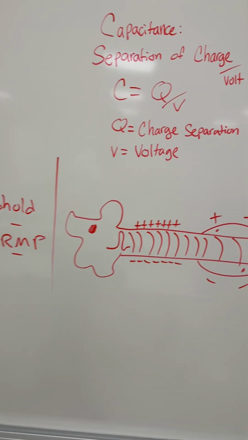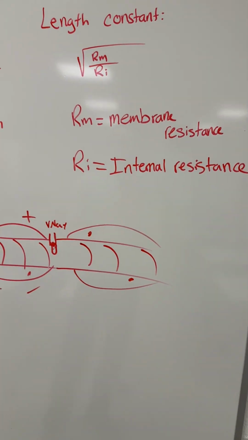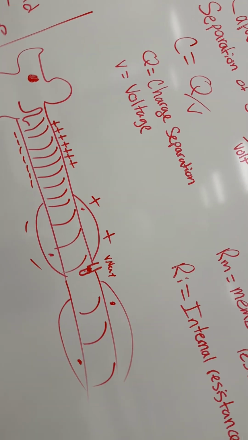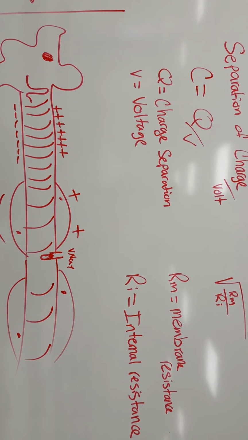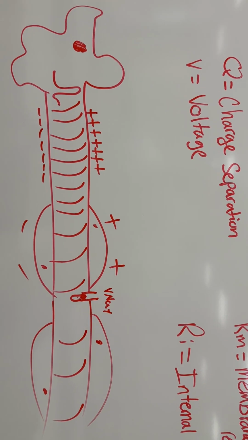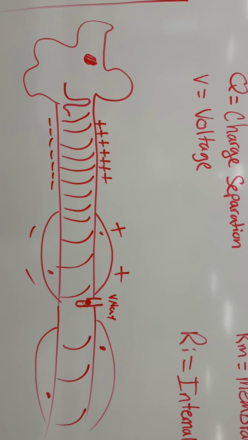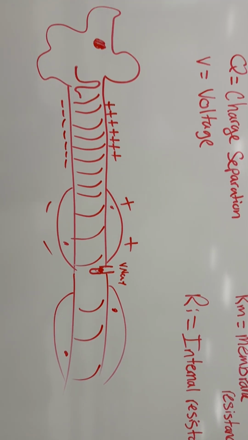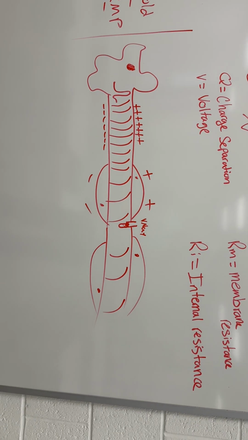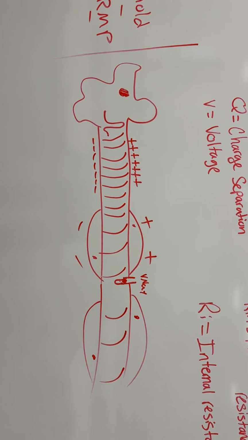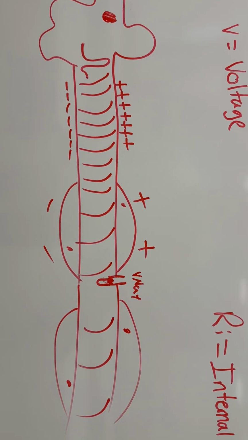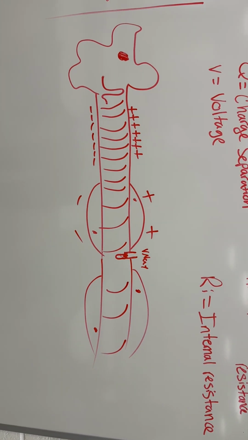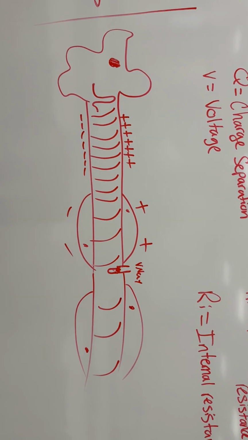So myelin is going to decrease our capacitance, and it is going to increase our length constant. And we want a high length constant so that signal can travel all the way down the nerve and trigger the next synapse. It's important that this signal can travel uninterrupted by high capacitance or a lot of internal resistance. So myelin helps us to overcome those things.